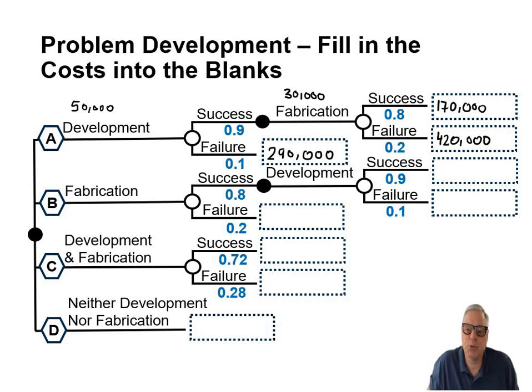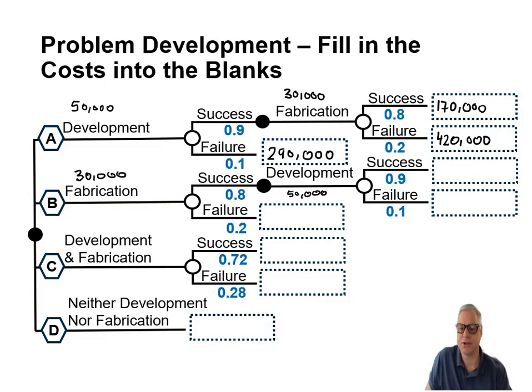Okay, so now let's move to B. So now we start with the fabrication, and that causes costs of 30,000. If it is successful, that's great. And then we have to move to development, which causes another 50,000. Maybe I can put that underneath so we don't forget it. So it's also 80,000 in total.